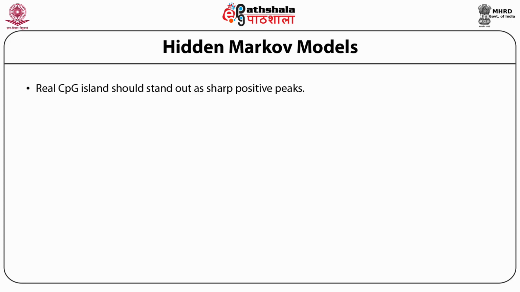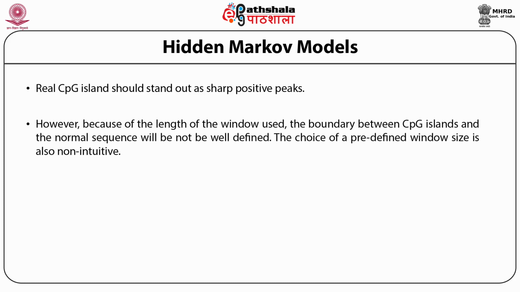So I find out the probability that a particular sequence belongs to a CpG island or it belongs to a non-CpG island, take the ratio, take the log, and I get this score. Now I can calculate this score in a window, and then I can slide this window looking for the value of the score. In a CpG island, it should be rather high. In a non-CpG island, it should be rather low. And as I pass from a CpG island to the other, it should remain up and then it should come down.